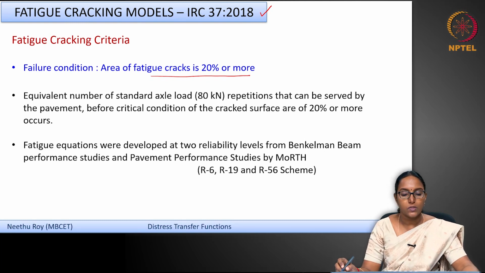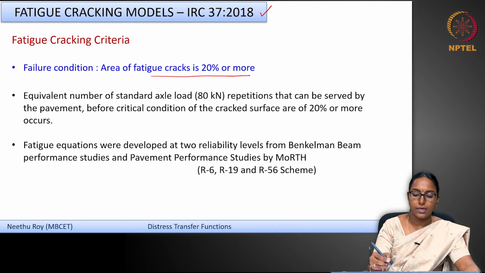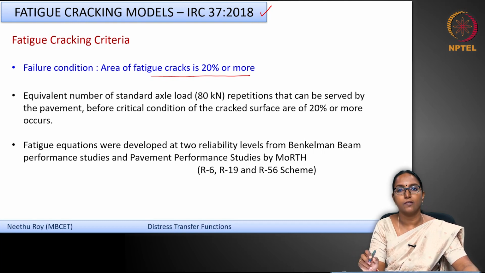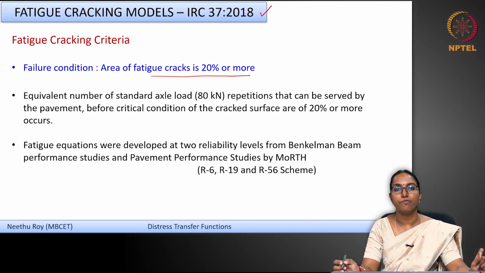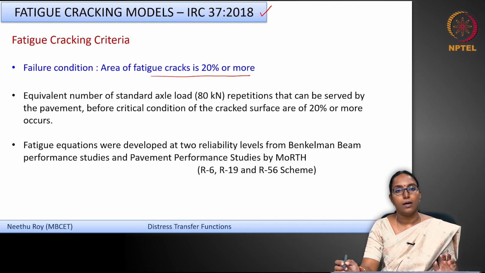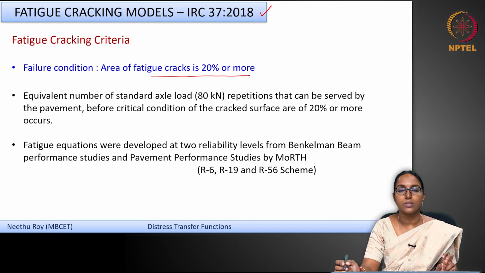The distress transfer function essentially gives you the equivalent number of standard axle load repetitions that can be served on the pavement before the critical condition of the surface being cracked by 20% or more occurs. In IRC 37, the distress transfer functions are prepared at two reliability levels.